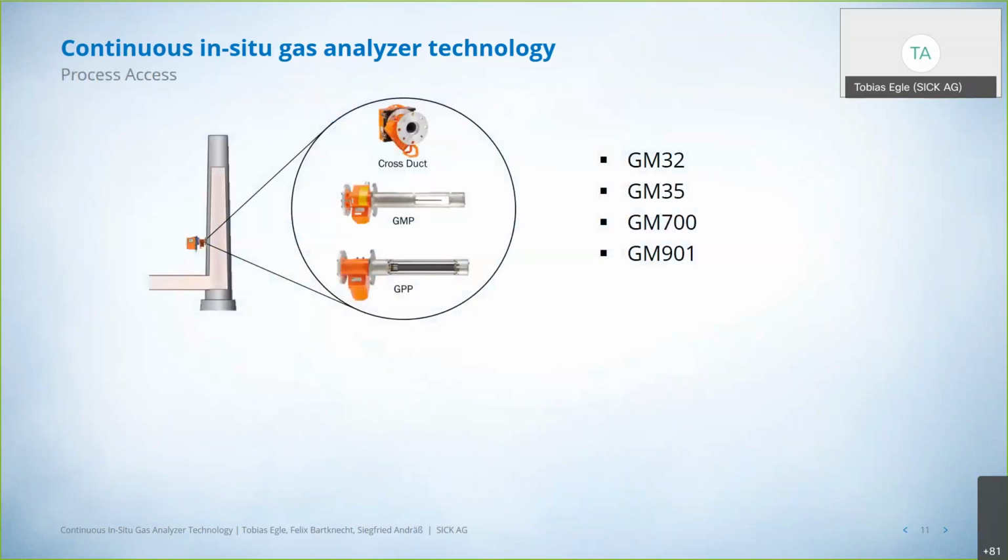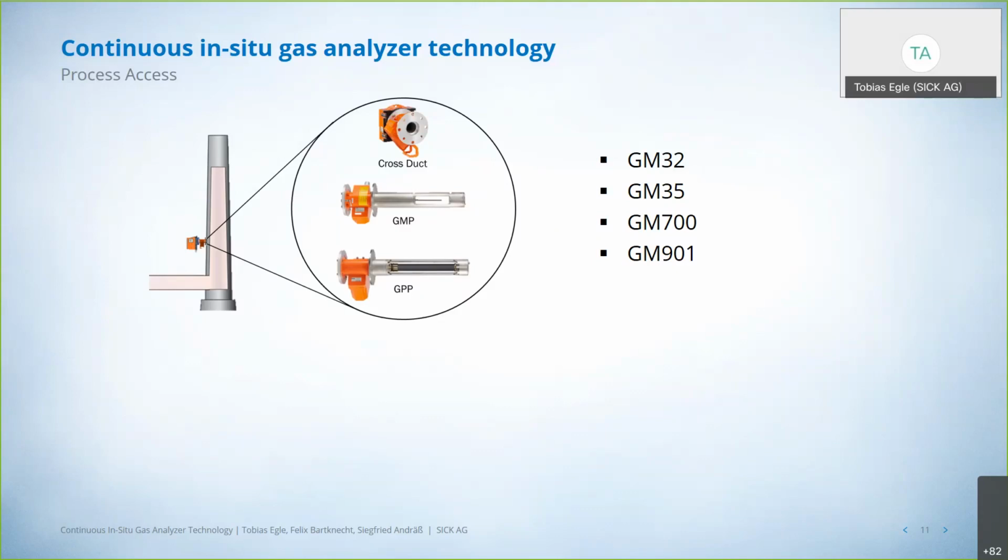As well, the in-situ gas analyzers from SICK give you the possibility to be really flexible. With our different kinds of process access, you can adapt the analyzer to your needs. For example, if you want a representative measurement through the whole stack, and you have 2 platforms on both sides, you get access to the reflector and as well to the sender receiver unit.